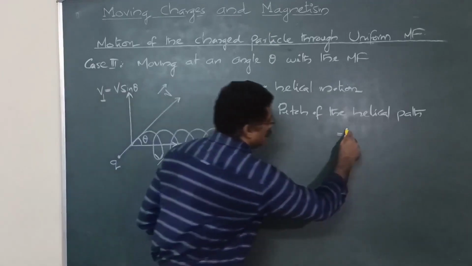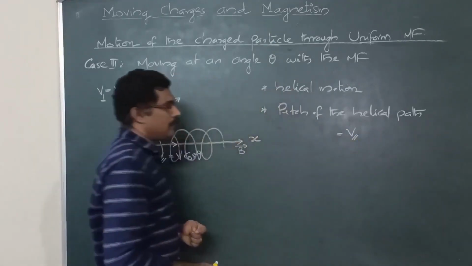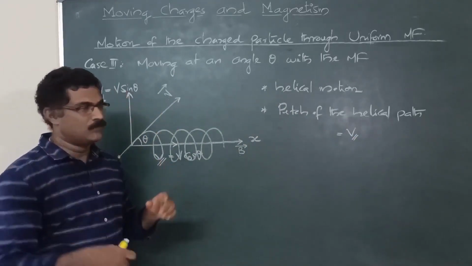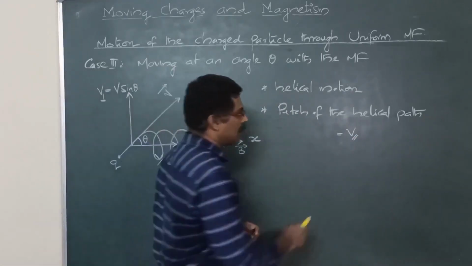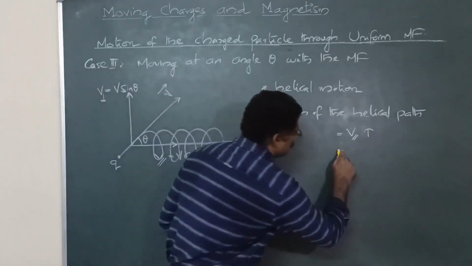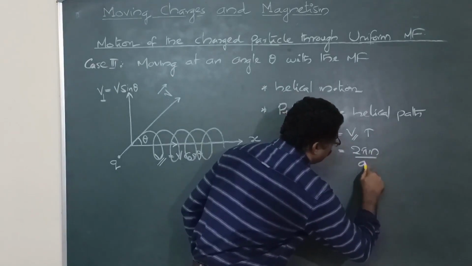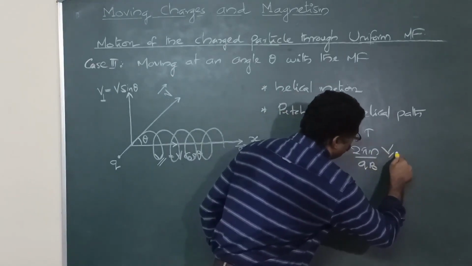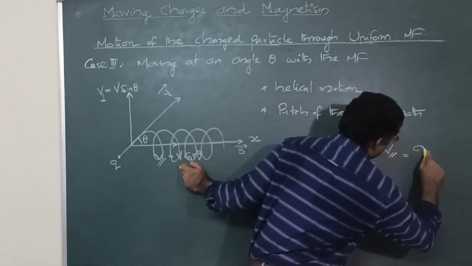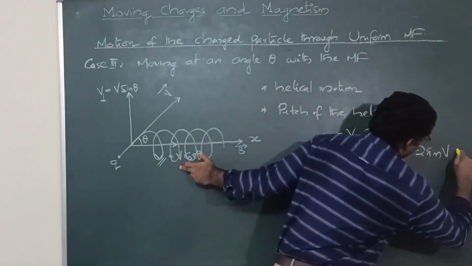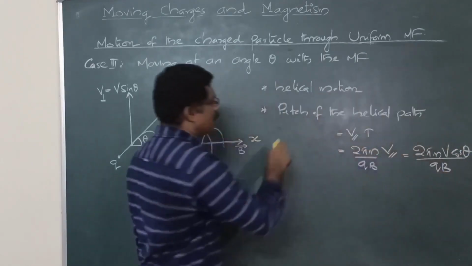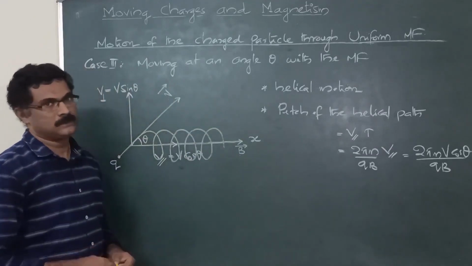So velocity parallel, and the time taken is the time for one circular motion, that is capital T. So this is equal to 2 pi m divided by QB into V parallel. V parallel is V cos theta. So it is equal to 2 pi m V cos theta divided by QB. This is the equation for the pitch of the helical path.